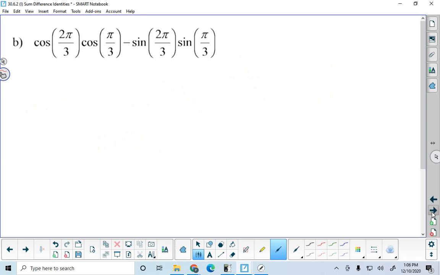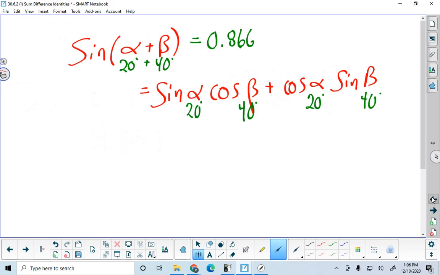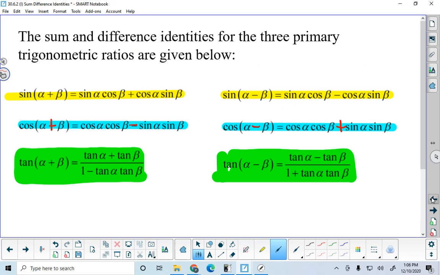The next one, cosine 2 pi over 3, cosine pi over 3, minus sine 2 pi over 3, sine pi over 3. I didn't draw your attention to it, but when you look at the identities for cosine, it's cos cos minus sine sine and cos cos plus sine sine. And we don't need to worry at this level where these identities come from.